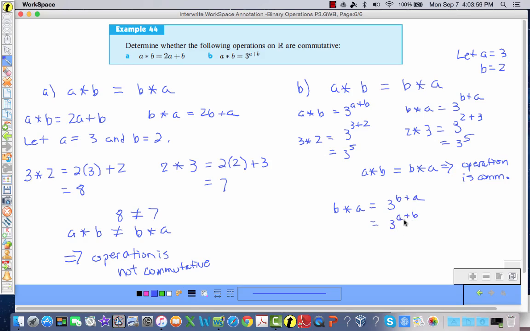Well, 3 to the a plus b, boys and girls, is equal to a star b. So we have a progression here where b star a is equal to a star b. So that's another way to say that this operation is indeed commutative, without using any numbers. All right, so that's all I have to say about that.